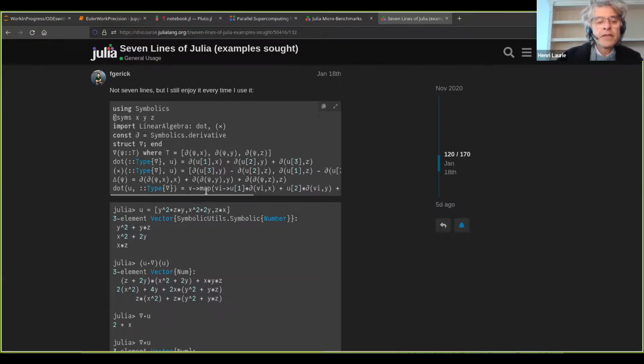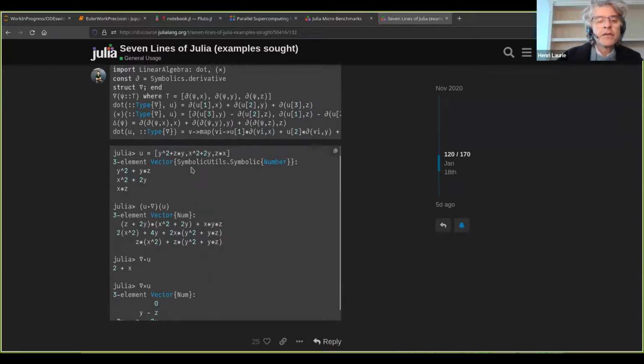And if you've done that, then, for instance, if you have a U defined using this vector of 3 combinations of symbols, you get a message back when you evaluate that your result is a vector, and the elements are of type symbolic of numbers.